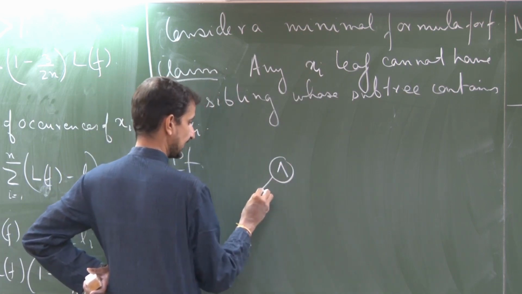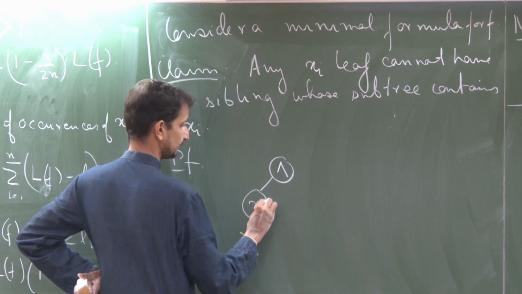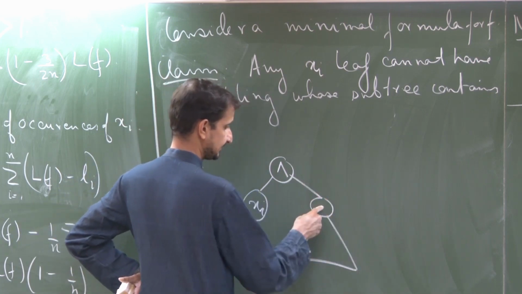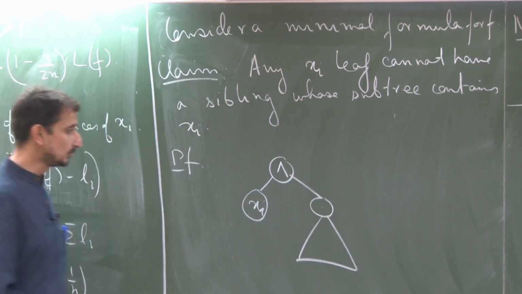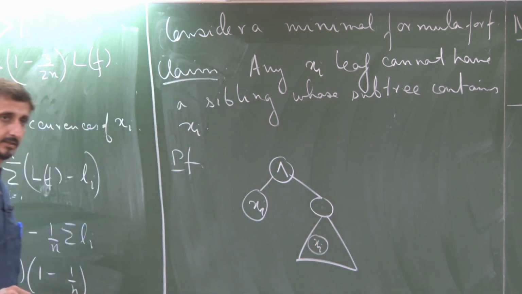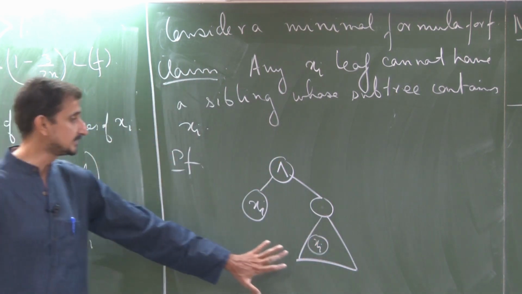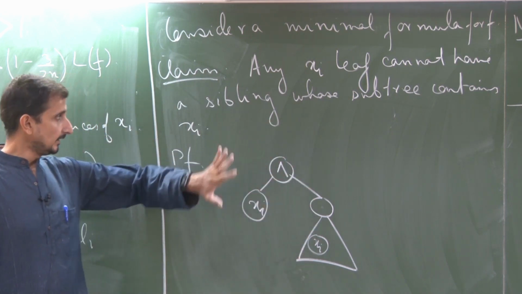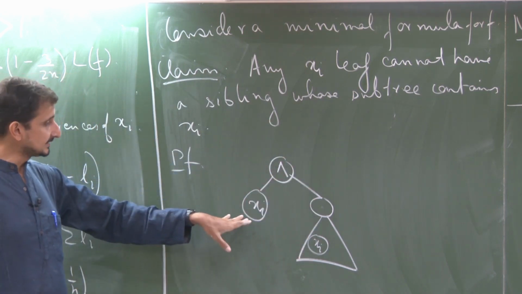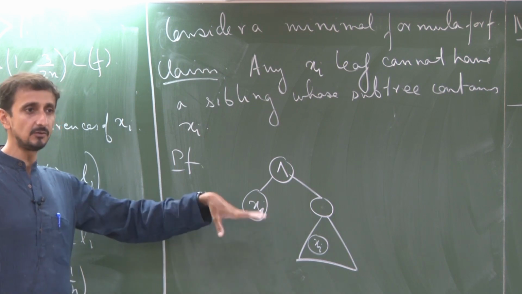Suppose we assume that this node is an AND gate, and I have an xi leaf on that AND gate and I have a sibling with a subtree overhead, and suppose somewhere over here I have xi again in that subtree. Okay. So, we will show that this is not possible. Why is it not possible? We will look at both the cases, when xi takes the value 0 and when xi takes the value 1.